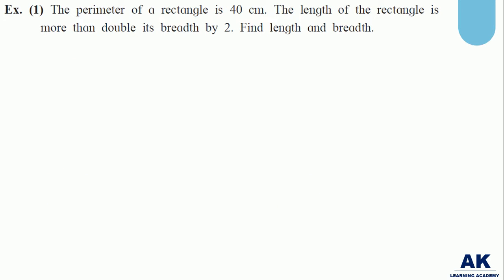Now let's discuss the second question: the perimeter of a rectangle is 40 centimeters, and the length of the rectangle is more than double its breadth by 2. Find the length and the breadth.